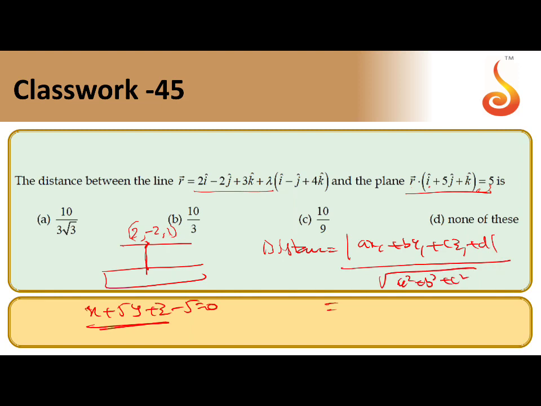This formula can be applied here. So x1 plus 5y1 plus z1 minus 5 by root over 1 plus 25 plus 1. What are x1, y1, z1? The point is 2, minus 1, 1. I will solve it on the next page so you can get a proper idea of the solution.